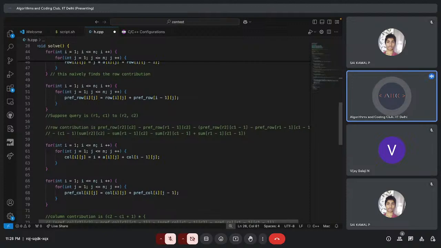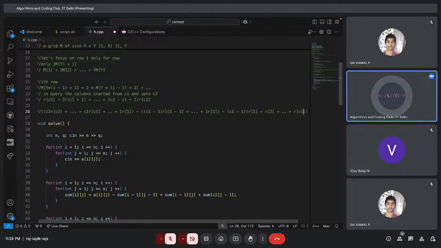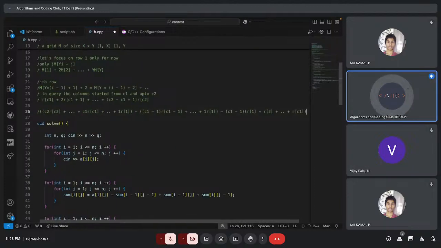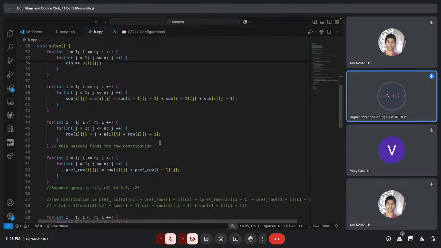So that's what the row 2D vector did for each of the rows. And still we are not done here, because even if we find this for each query, in order to find the entire answer, we would need to iterate on each of the rows. So in order to avoid that iteration, we find some prefix array on this row vector.